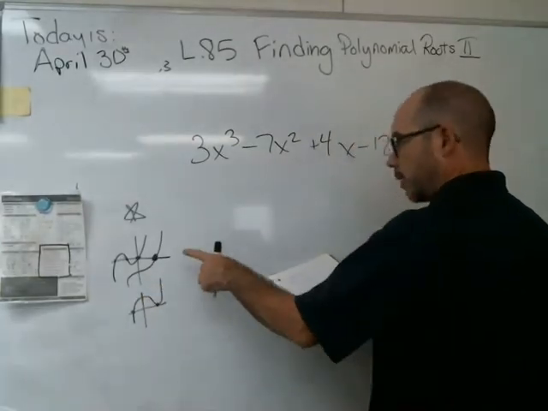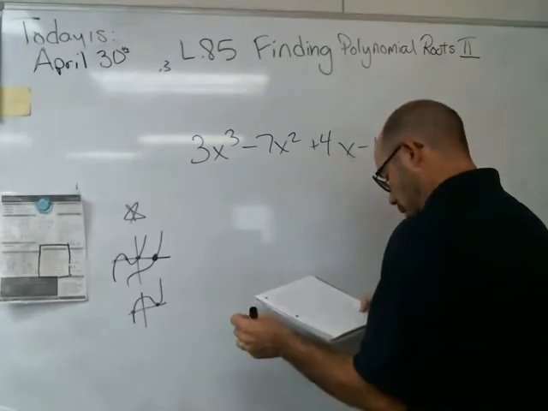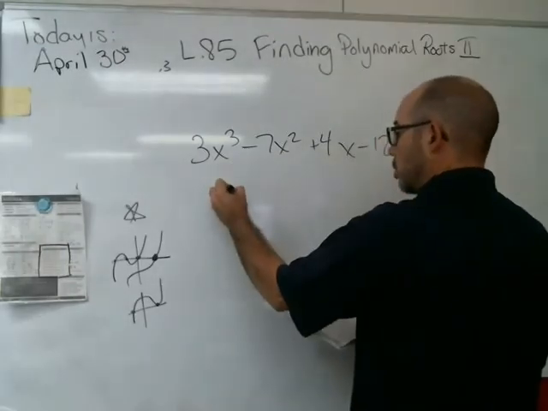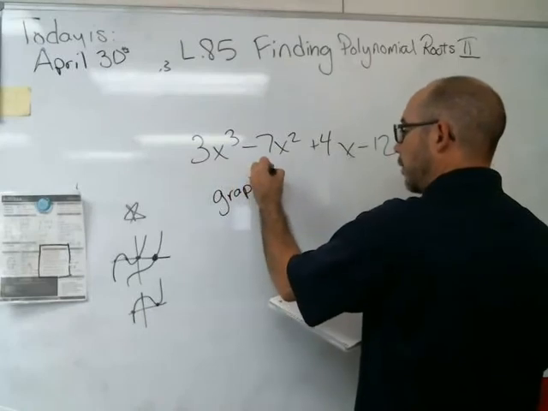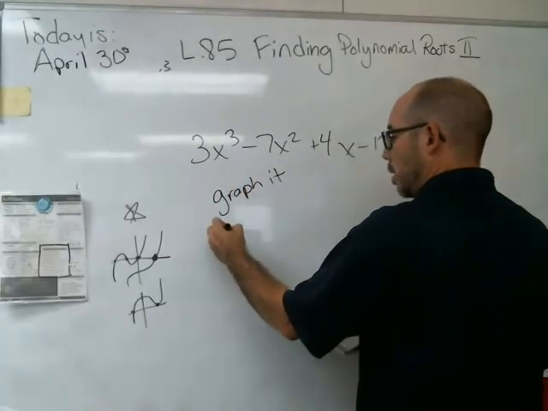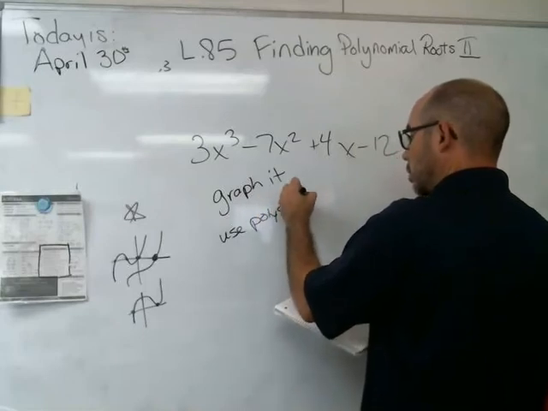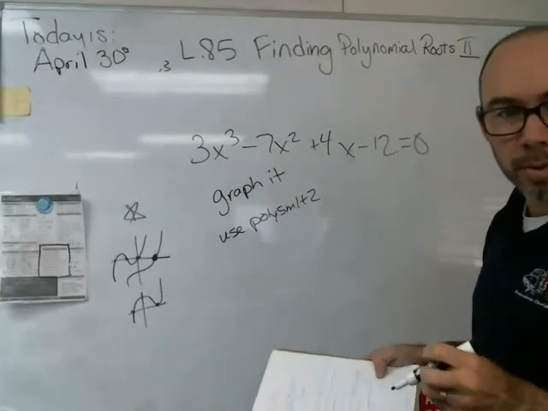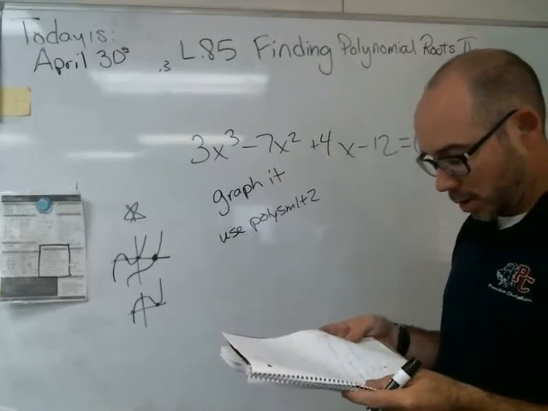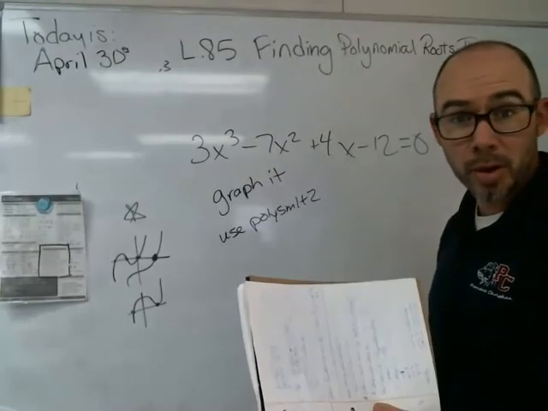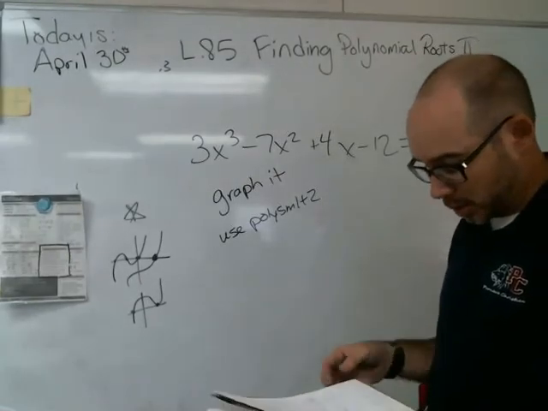I think on most of these types, your best bet is to graph it, and then use that polynomial root finder thing. This one does give you one real and then two complex conjugates.